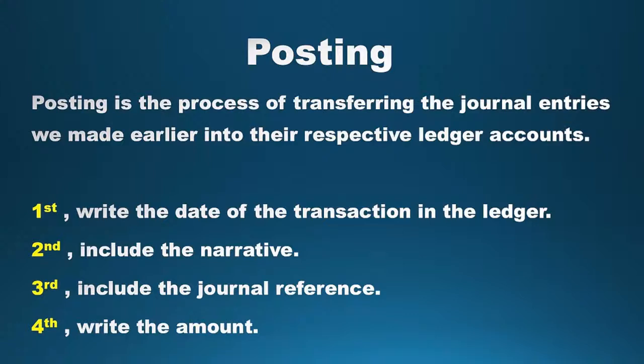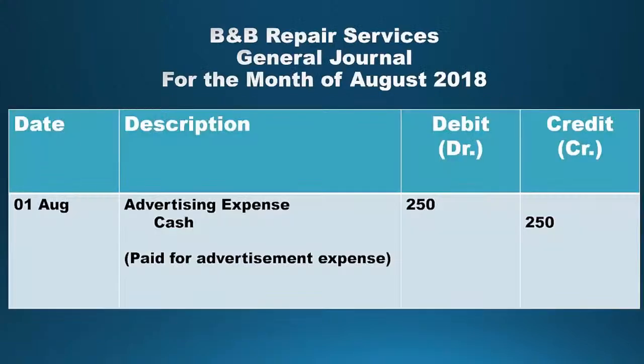This is the reference to the journal entry where the transaction was first recorded, for example, J1 for the first journal page. 4. Fourth, write the amount. Finally, we enter the amount in either the debit or credit column, depending on how the account was affected. Let's begin with the first transaction from August 1, and I'll show you exactly how this works.